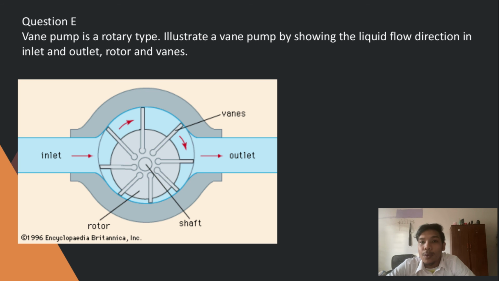Liquid is trapped between the vanes and the casing wall. The rotor rotation moves the liquid cavities around to the outlet side, and at the outlet side, the vanes are forced back into their slots, decreasing the cavity size and forcing the liquid through the outlet port. That's all. Thank you.